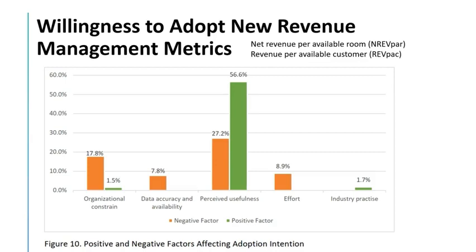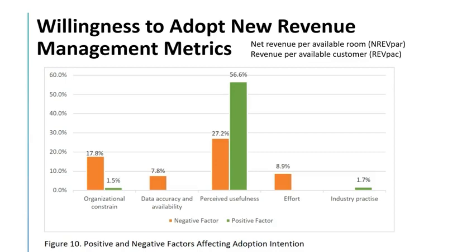For industry practice, we also have some positivity there, and a little positivity in organizational constraint. Other than that, organizational constraint, data accuracy and availability, perceived usefulness, and effort are all considered negative factors. Now let me go through the study findings to tell you what these mean.